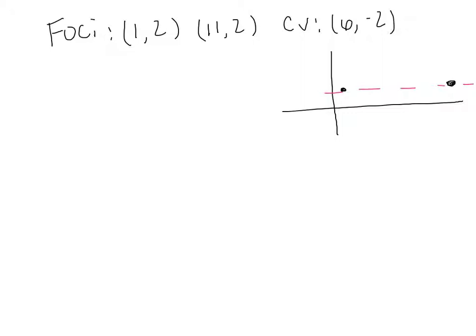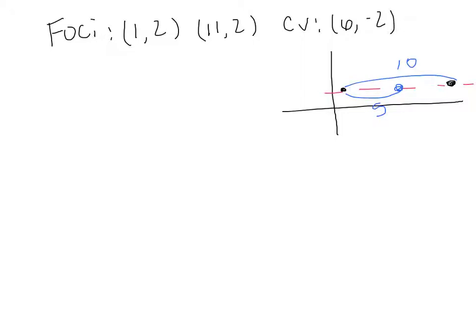We can also find something that lies smack dab in the middle of the two foci. The middle of the two foci is the center. So if from end to end here we travel from 1 to 11, halfway we would travel 5.